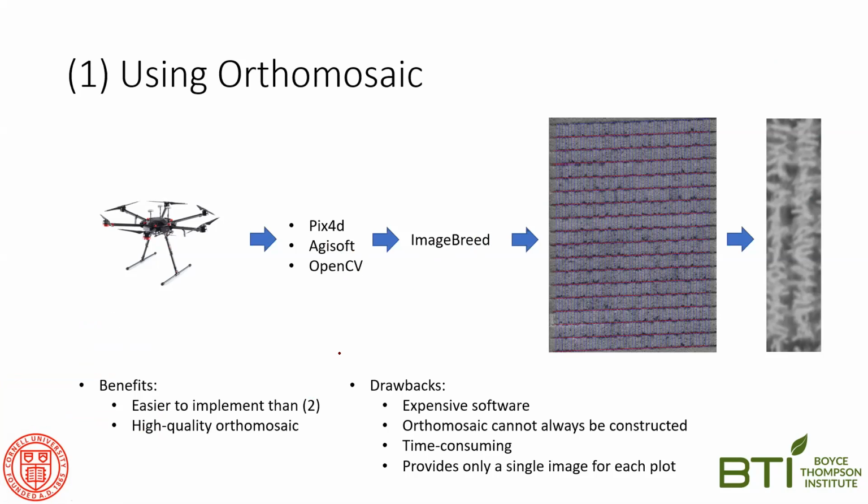The benefits are that this is easier to implement, and you get this high quality orthomosaic. These software do a great job. The drawback is that they're expensive. You can't always construct the orthomosaic if the images are too uniform, it's time consuming, and you lose the repeated measurements. As you're flying, you get repeated images of every plot, but when you use the orthomosaic, you end up with only one.